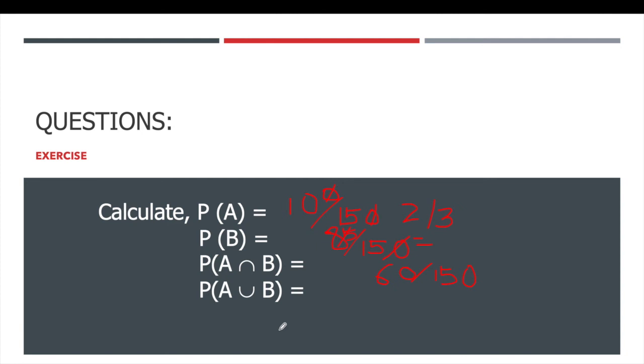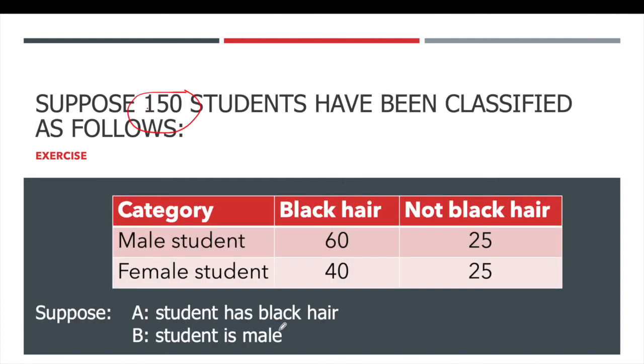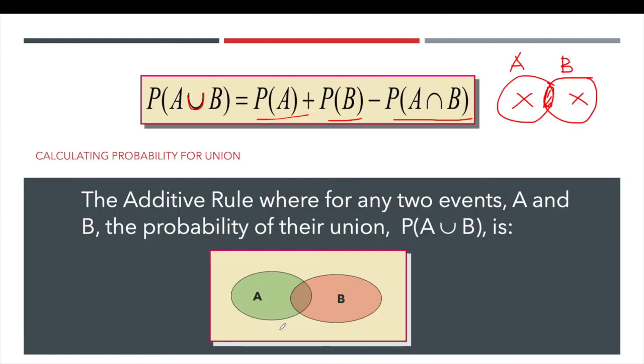And for this one, the probability for A union B. Let's take a look at this formula, which means P(A) plus P(B) minus P(A intersection B).